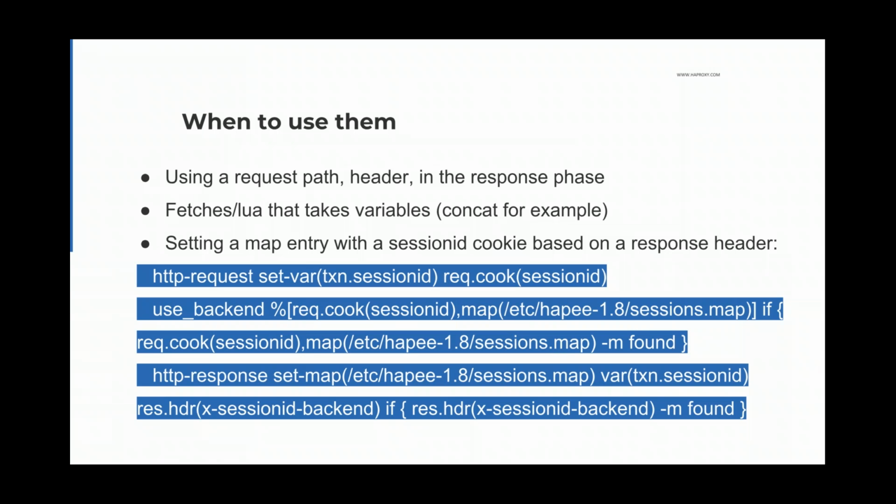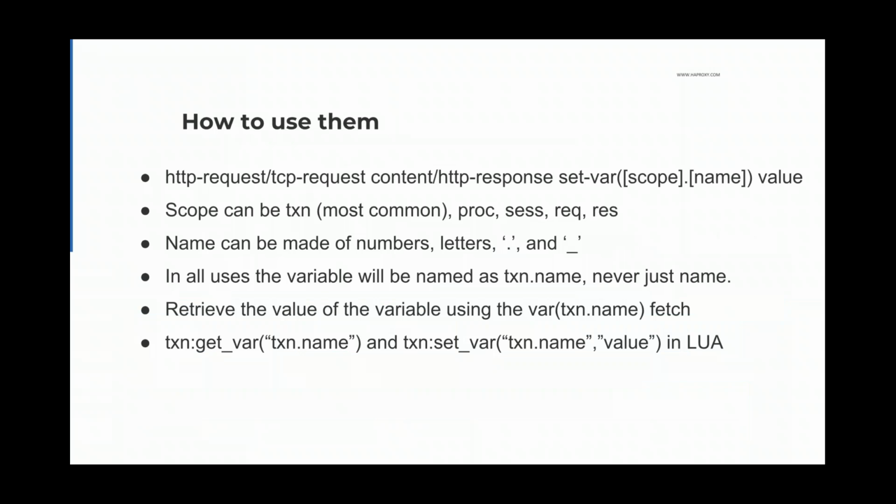Generally, you can write your ACLs as if variables don't exist, and if HAProxy prints a warning or error when parsing the configuration that whatever fetch you're using is not reliably available in this phase, you will know that you have to use a variable at the phase that the information is available in, to keep it available. But for complex things like this, you'll have to use variables immediately.